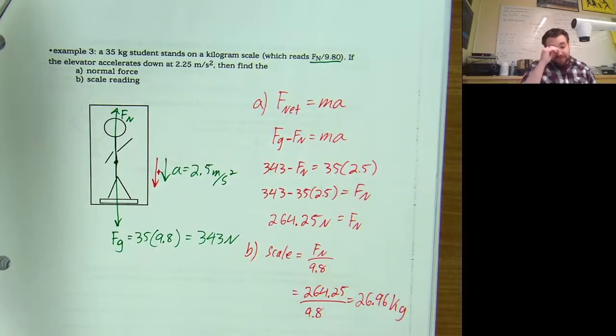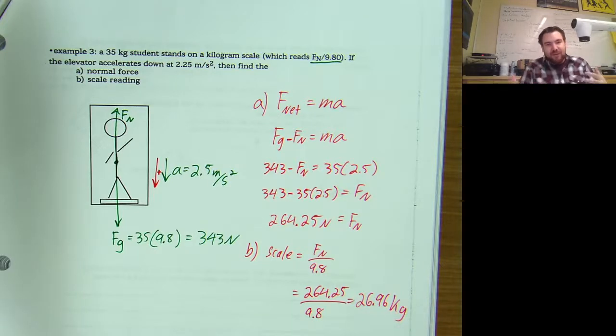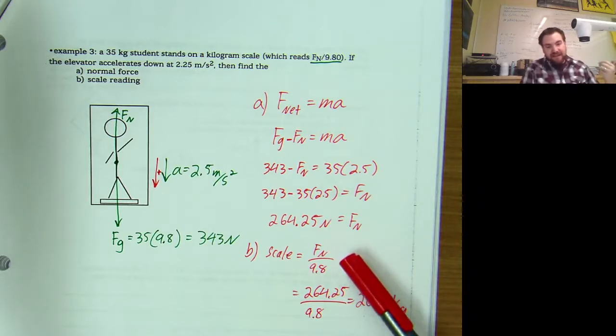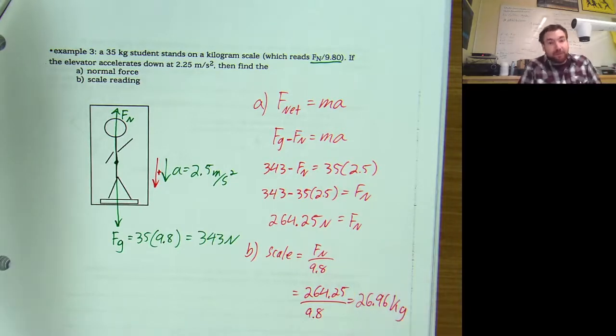That's what a typical bathroom scale would read, which is why we would say, oh, that's my weight, but no, it's actually a measurement of mass. So it's like you have less mass, but you don't. You just have a smaller Fn, and the Fn converts it to what your mass would be for you to feel this way. So there's a fundamental difference there. Flip the page.